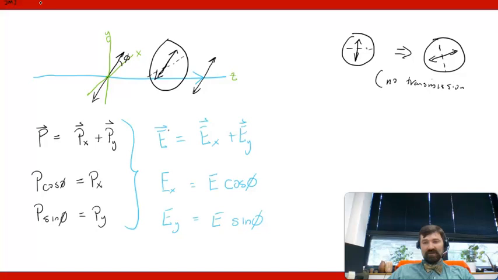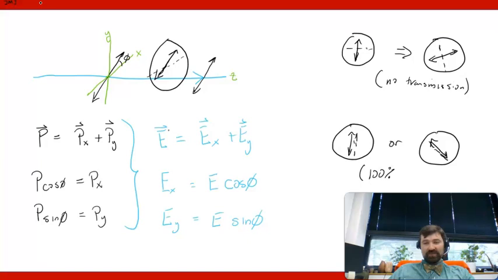Similarly, if I happen to have this orientation and my polarization is also like this, or I have polarization, let's say, in a random direction, but my wave is polarized in the same direction, then I expect to get 100% transmission.